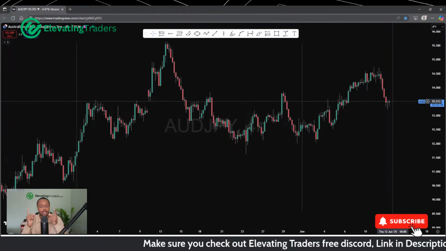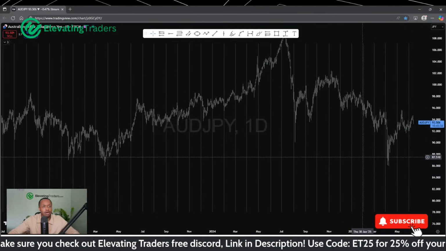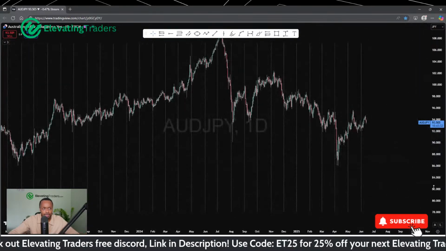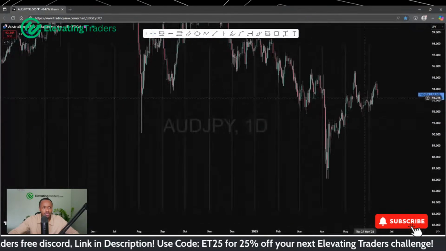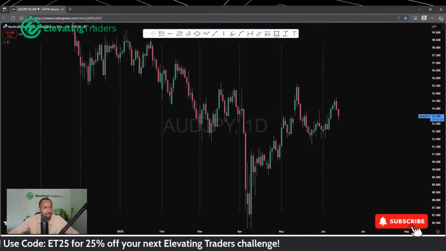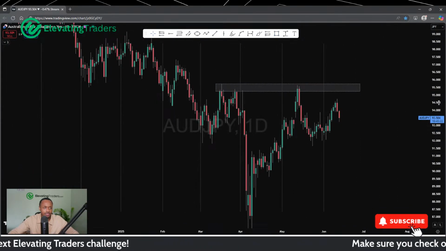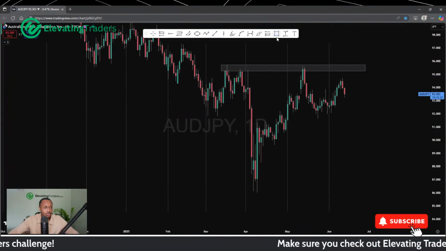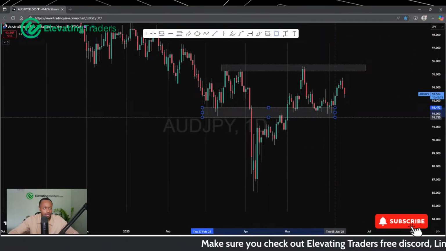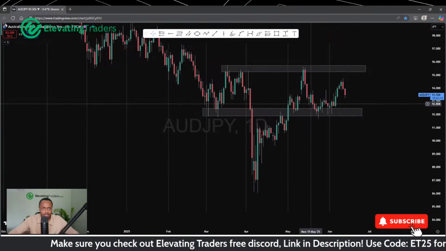Now, in terms of Aussie yen, I'm still looking at this on the higher time frames. The market is still overall bearish, but based on how we've moved, I'm not really looking to sell Aussie yen. I'm still looking to see if we can push back into resistance here, which is 95.5. We do still have this inverse head and shoulders at play, with support dragged across, still acting as support over there.